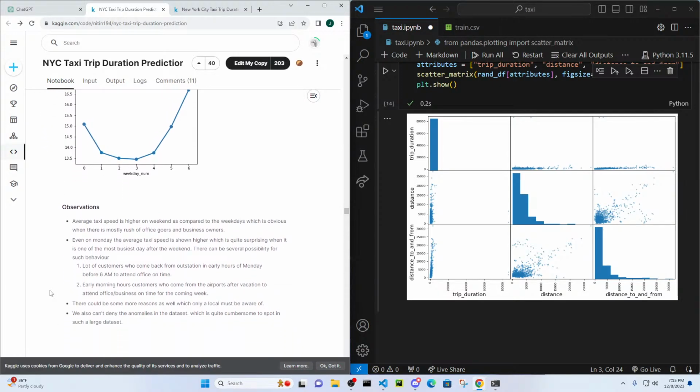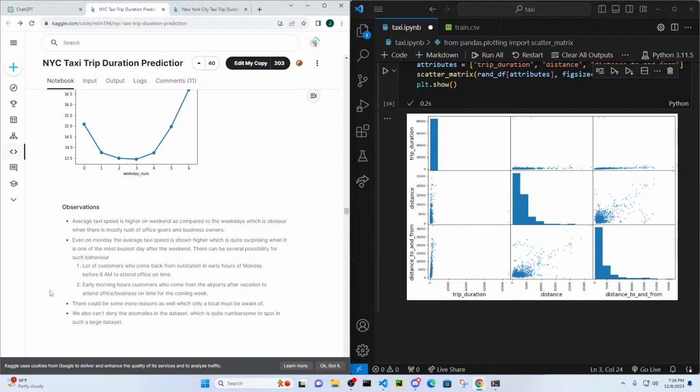So average speed is higher on weekends as compared to the weekdays, which is obvious when there's mostly a rush of office goers and business owners. Even on Monday, the average taxi speed is shown higher, which is quite surprising when it is one of the busiest days after the weekend. There could be several possibilities for such behavior. A lot of customers come back from outstation in early hours of Monday before 6 a.m. to attend office on time.